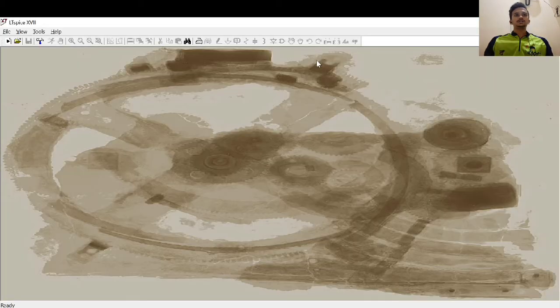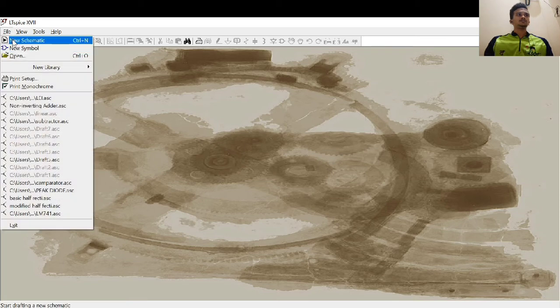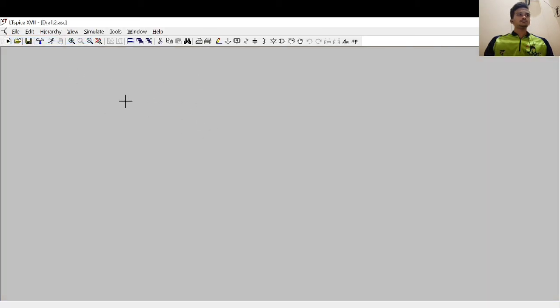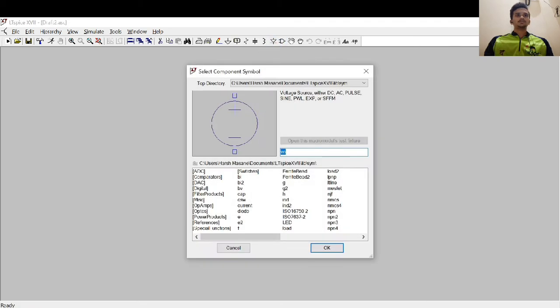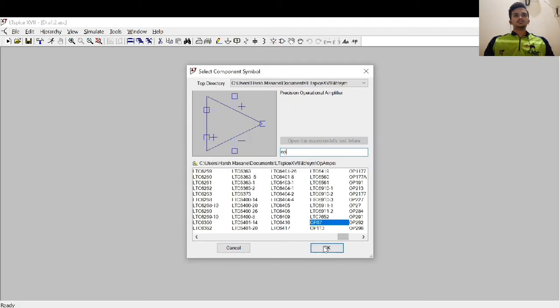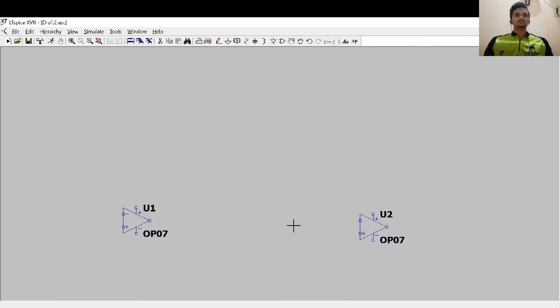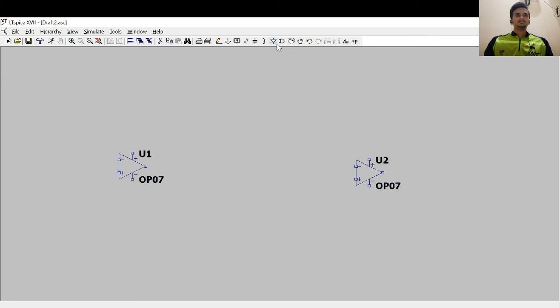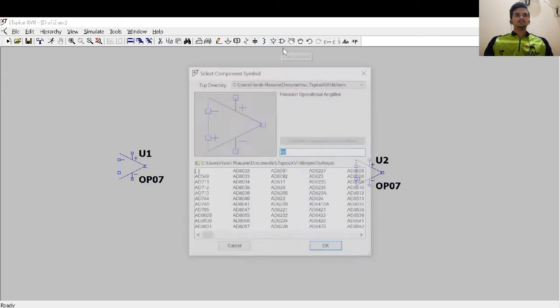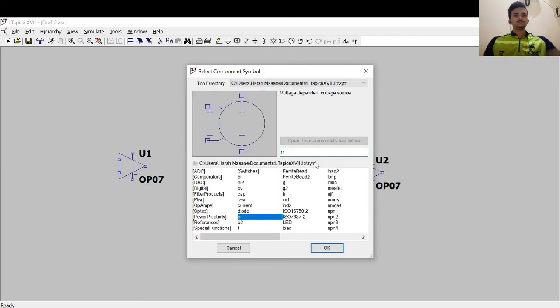So let's design it on LTspice. We'll take two op-amps. Then we'll require resistors.